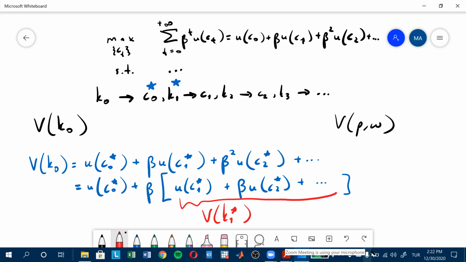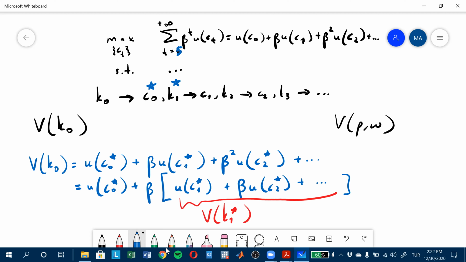This is just V(K1*), because this is the same form. Look at this. You can change the time index anywhere. Suppose that the problem does not start at t equals 0, but it starts at t equals 5. It has the same form.